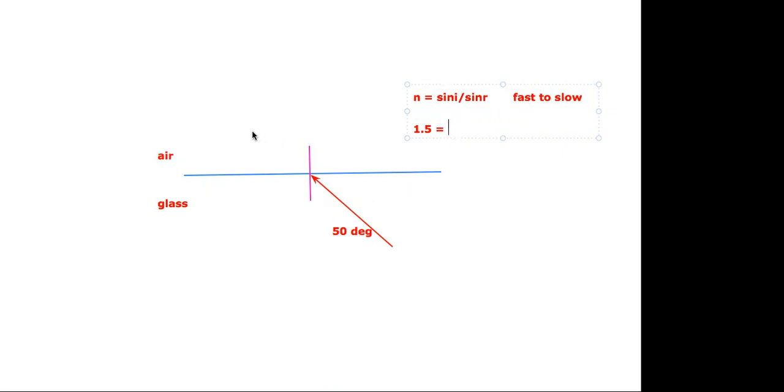The formula was derived, I say it a million times, going from fast to slow. So the I is supposed to be up here for that derivation. Sine, well, it's actually the refracted angle in our diagram, over sine of the 50 degrees. So we need to solve for the angle up on the fast side.